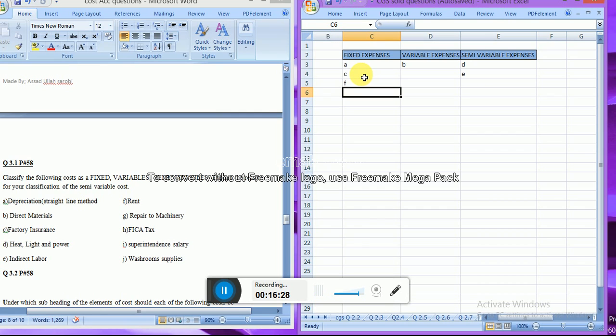It is not fixed, it varies. If the repair and maintenance cost is high, sometimes it will be low. So repair and maintenance cost is a variable cost.